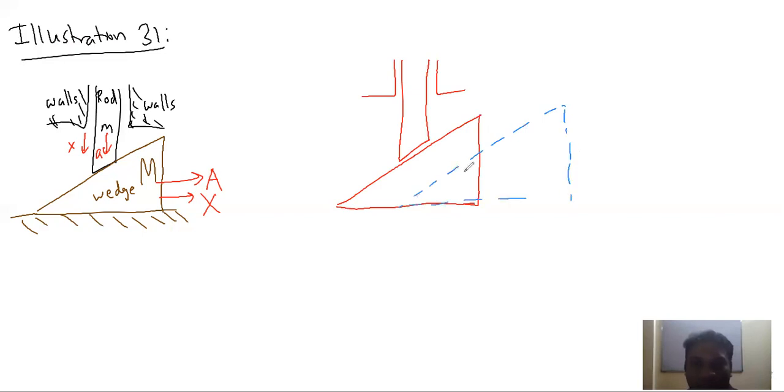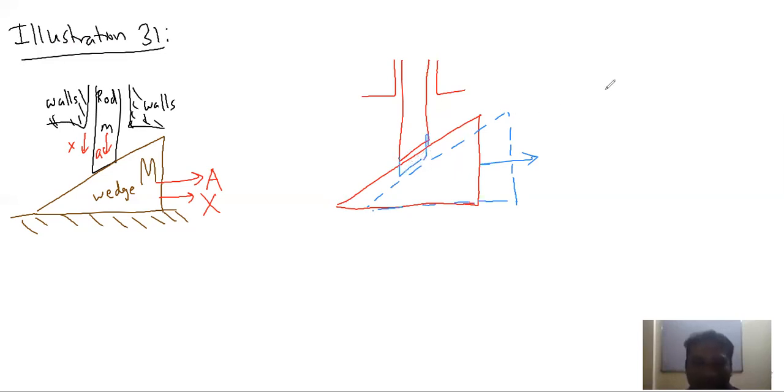I need to make a slightly better diagram. Let us say this is the new diagram. Now, in this case, the wedge would have moved towards the left and the rod would have moved down.